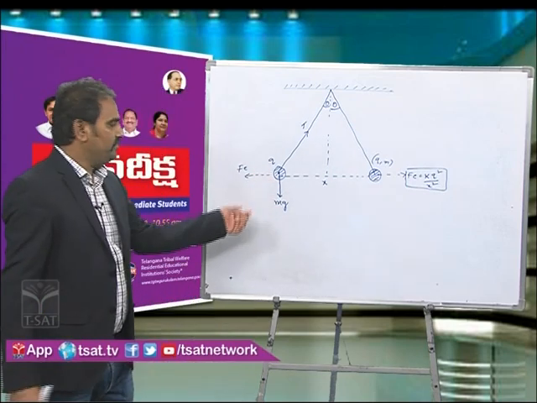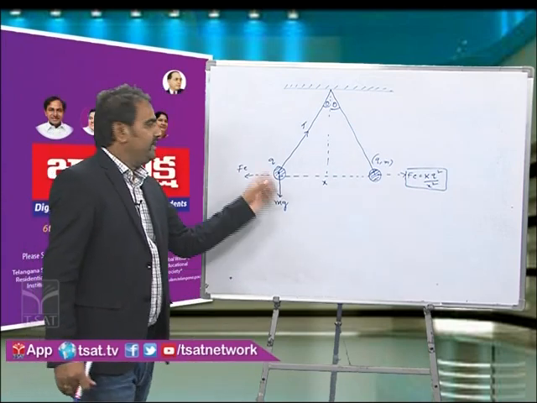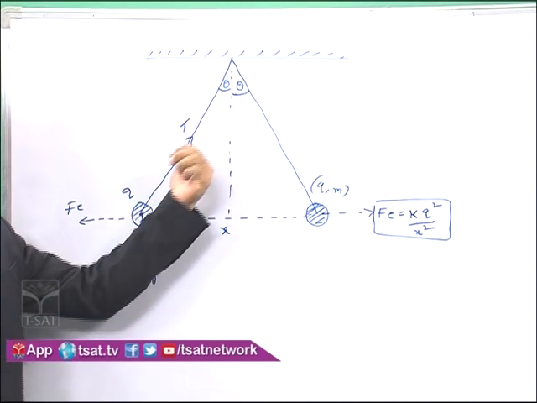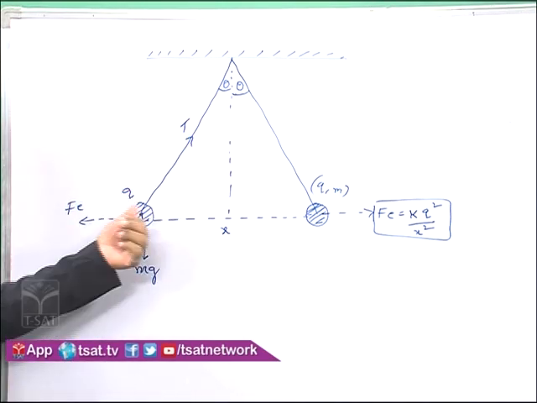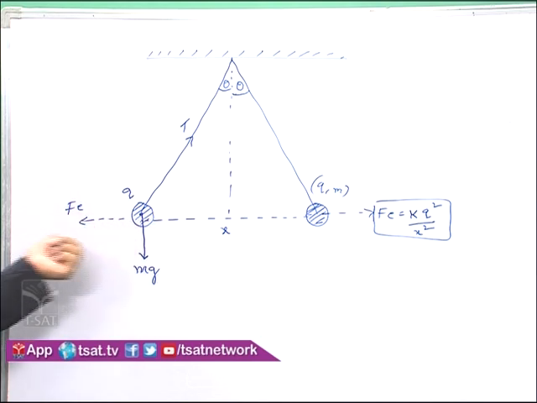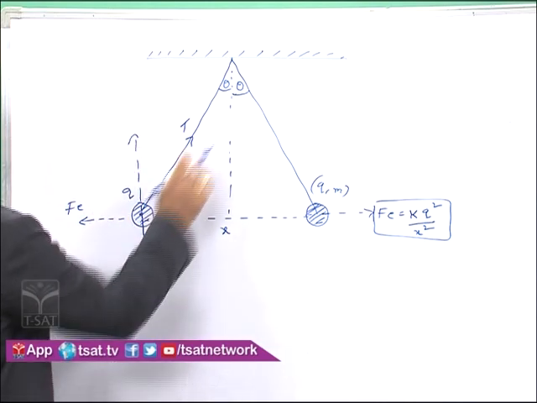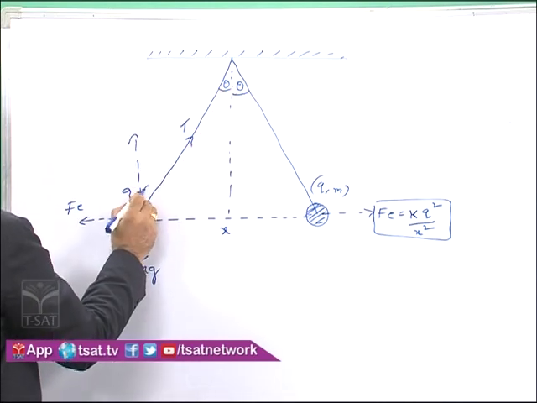The gravitational force is acting downward. The tension force acts away from the touching point, and the electrostatic force acts along the horizontal direction. Here the tension force can be resolved into two rectangular components. This angle is theta, this angle also would be theta.